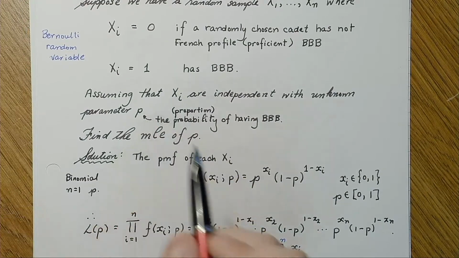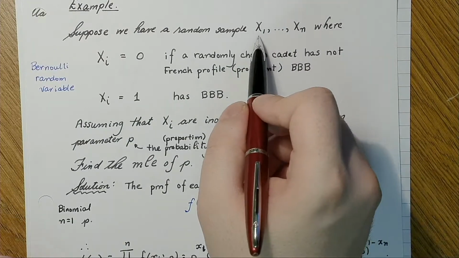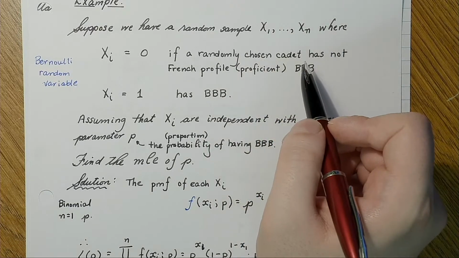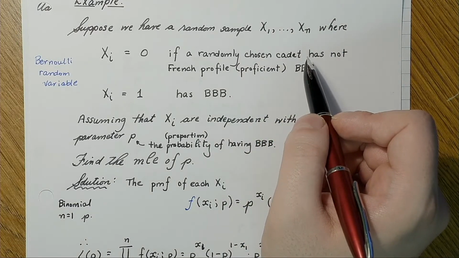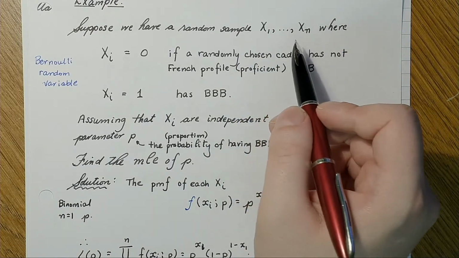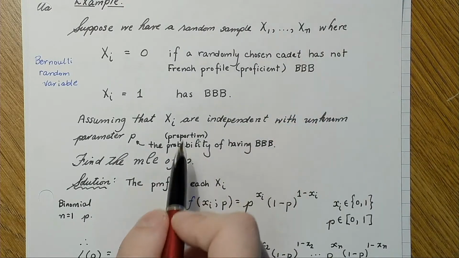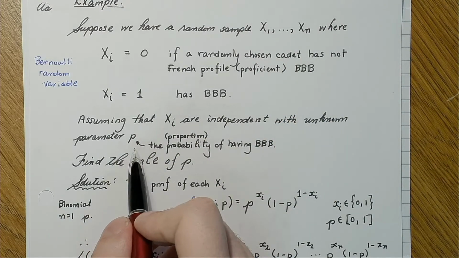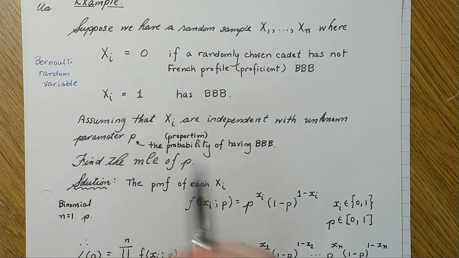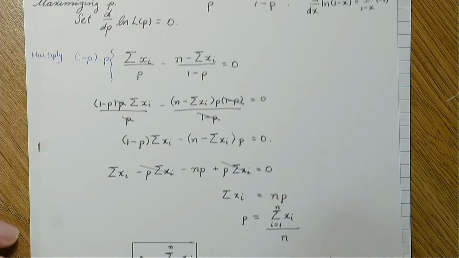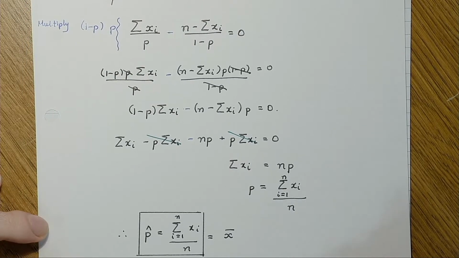So what that says here is that if I have n cadets, and I had a random sample, I would just take the average of it, and that would become the parameter for my p here. And so that's the end of that example.